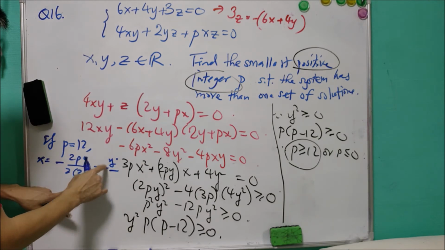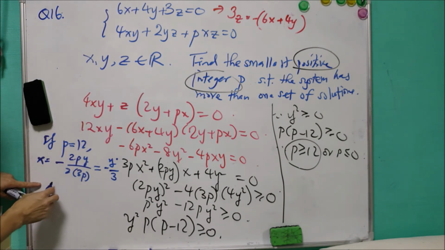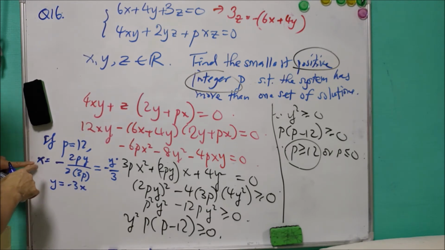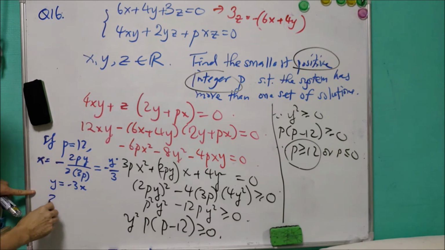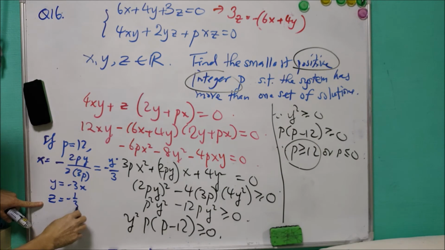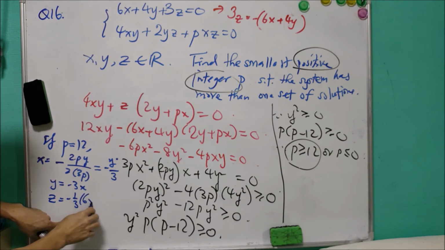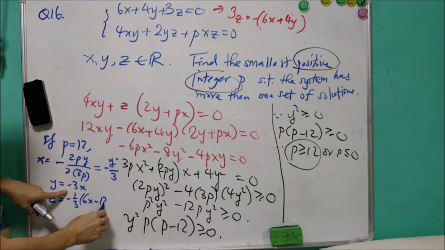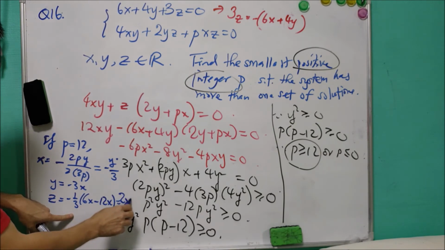This is negative y over 3. So in other words, y equals negative 3x. So if x is equal to x, y equals negative 3x, then z from here is negative 1 over 3 times 6x plus 4y. 4y is equal to negative 12x, and this will equal 2x.